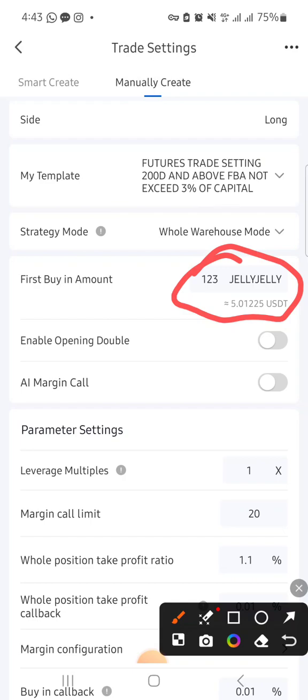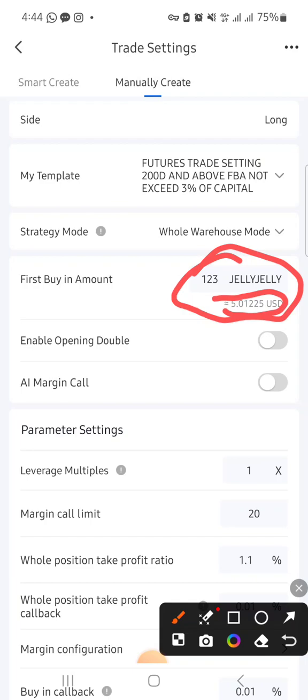The equivalent is what you are seeing here, equivalent of $5. That means that your first buying amount cannot be lower than $5. And you are also seeing the number of coins, 123 JELLY. That's what you see for futures, which is different from spot, where you will have the number put as the USDT.